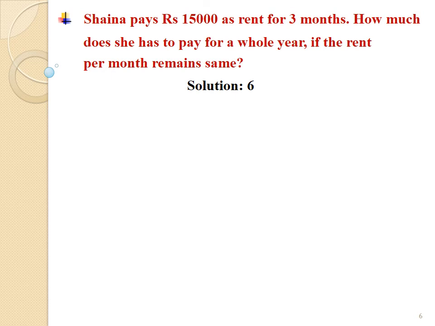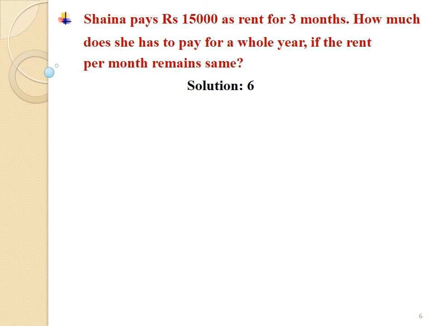So, in order to find out the amount of rent paid by Shaina for 12 months, first of all, we have to find out the amount of rent paid by Shaina for 1 month. Then after for 12 months. So now let us solve sum number 6.